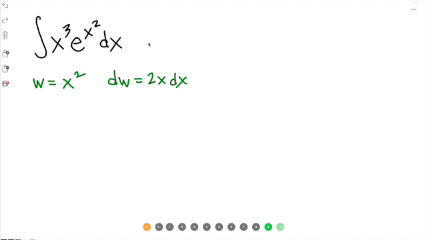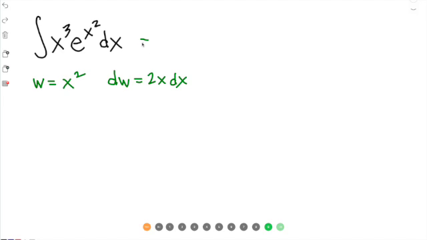So plugging in here, we want to transform this equation into terms of w. Alright, so if we want to plug 2x dx in there, we need to take an x here, right?